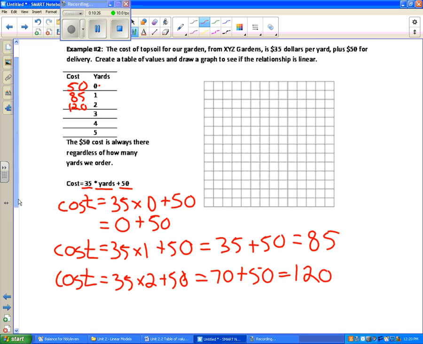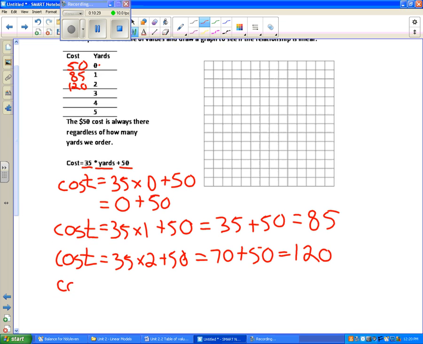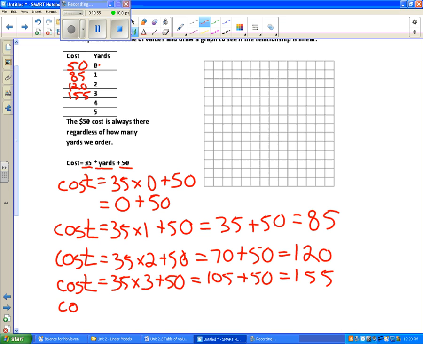Cost, if I were to buy 3 yards, 35 times 3 plus 50 is going to equal, what do I have here? We've got 35 times 3, which is 105, plus 50. That's going to equal 155. I put that back in my table of values. Cost here for 4 yards, 35 times 4 plus 50 equals 140 plus 50.